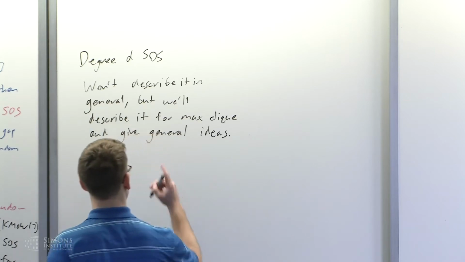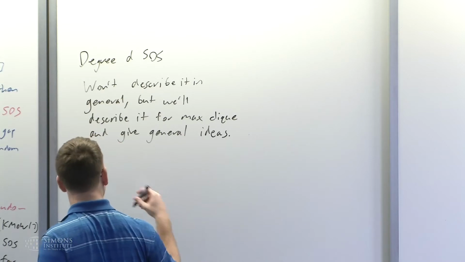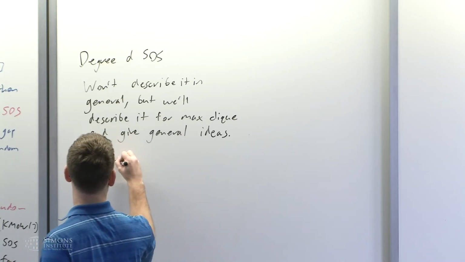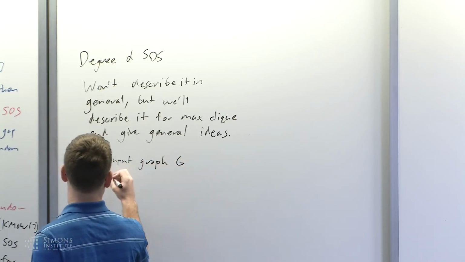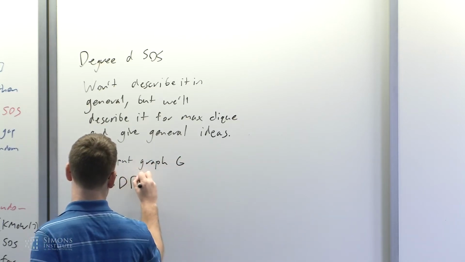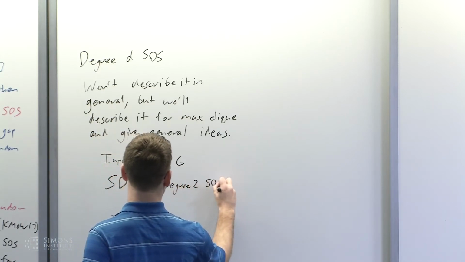Okay, so for max clique, we have an input graph G. Let's start with the basic SDP, which corresponds to degree 2 SoS.